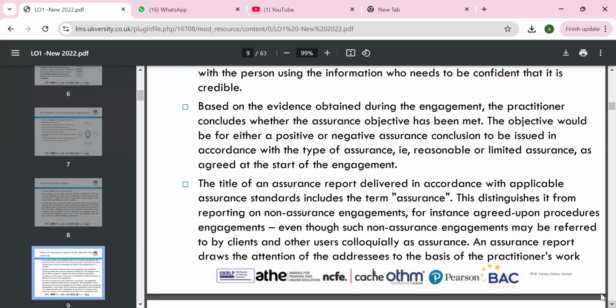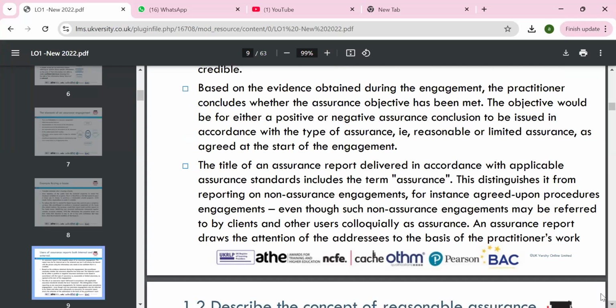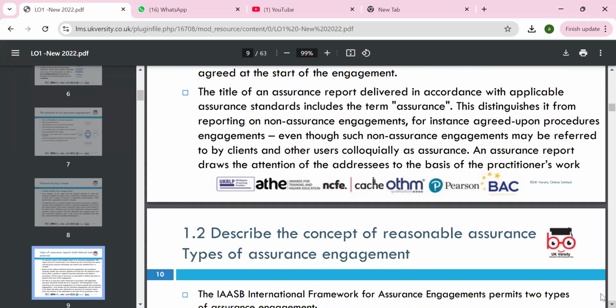The title of the assurance report, delivered in accordance with the applicable assurance standard, includes the term assurance, and distinguishes it from the reporting of a non-assurance engagement, such as an agreed-upon procedures engagement, and may refer to the client, other users and the assurance. The assurance report draws attention to the addressees.